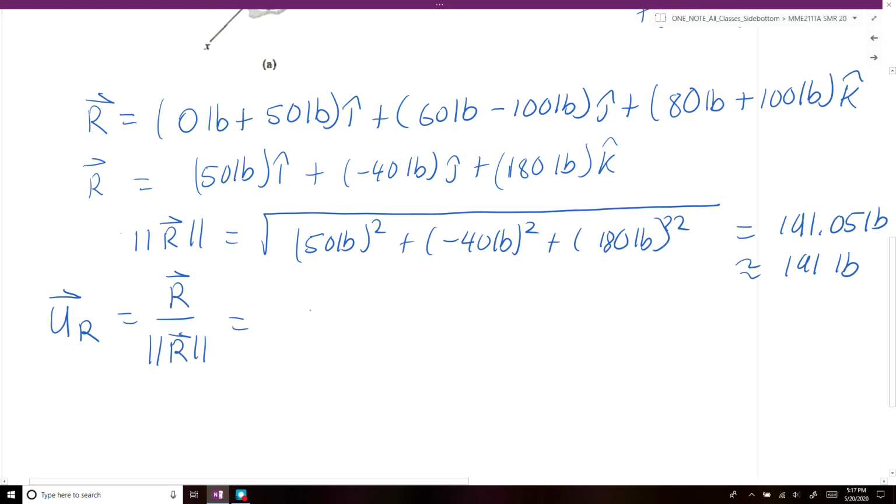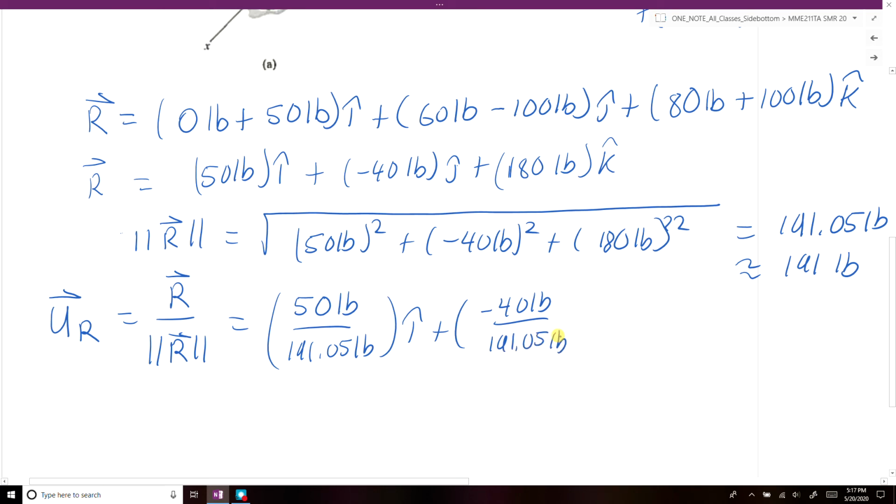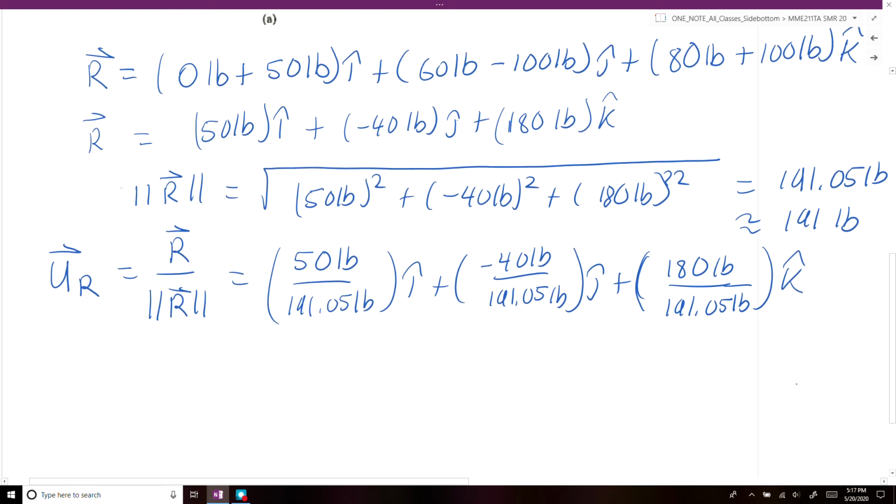So this will be equal to the x component of vector r divided by the total magnitude of vector r, and then the same thing for the y component, which is minus 40 pounds divided by 191.05 pounds, times j, plus the z component, 180 pounds divided by 191.05 pounds, times k.